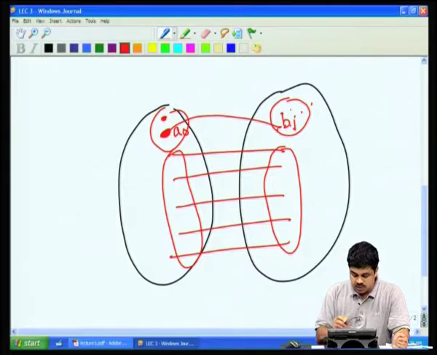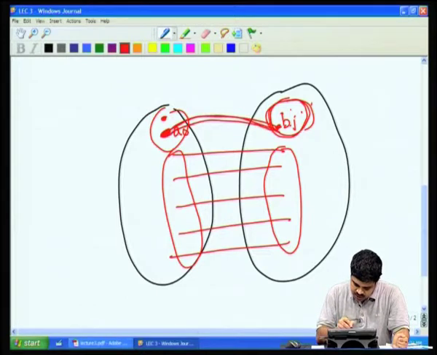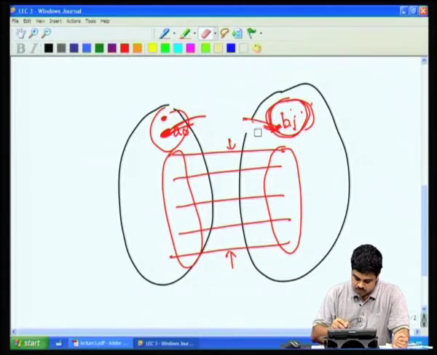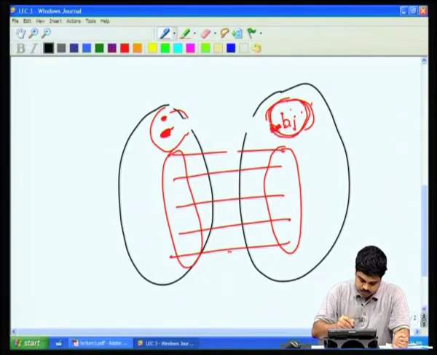It is not possible to find anything in this collection, which are the unmatched vertices of B, because if there is an edge like this, definitely we could have added it to the existing matching and then we would have got a bigger matching. So, that is not possible. So, what we can say is, there will not be any vertex of that sort.